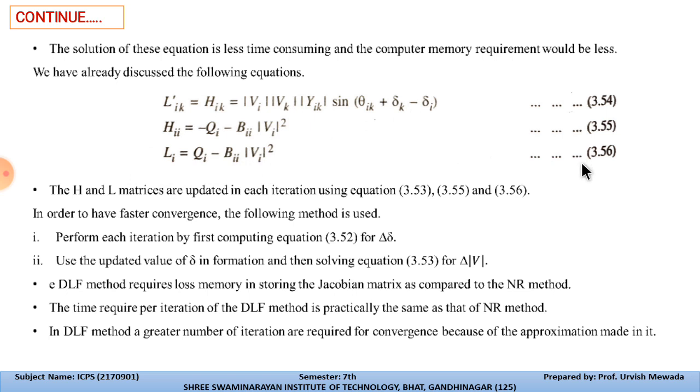So equations 3.55 and 3.56 describe the H and L matrices, which are updated in each iteration using 3.53, 3.55 and 3.56. In order to have fast convergence, in the DLF method we generally use the following points.